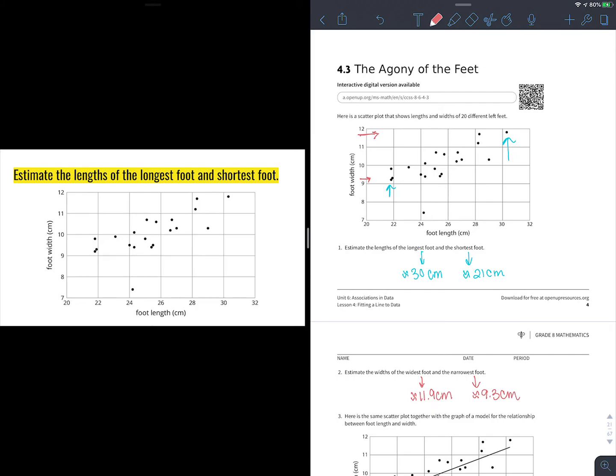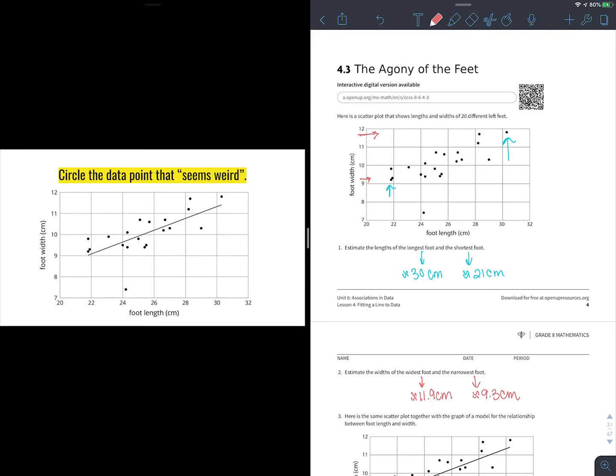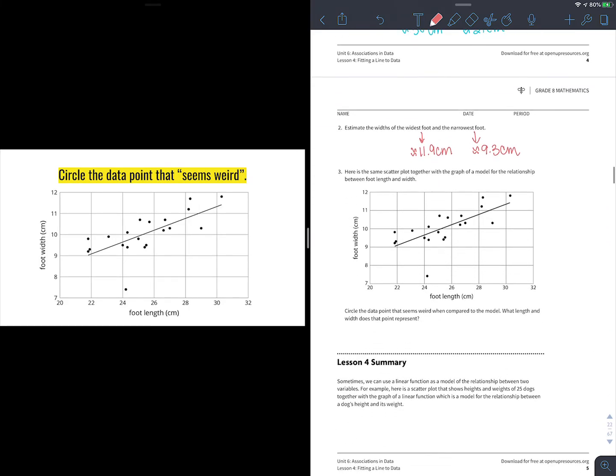So we take that same scatter plot and we now put a linear model in that scatter plot to help us make predictions. So let's circle the data point that seems kind of weird. I'm going to grab a highlighter to do that. But I think this point seems strange.